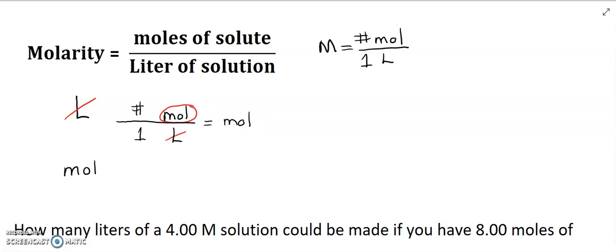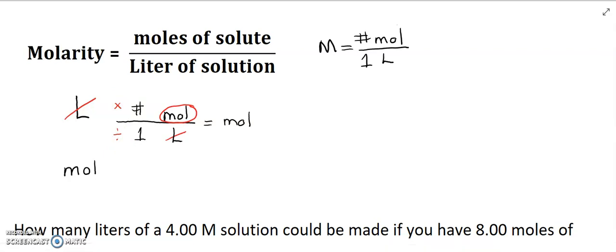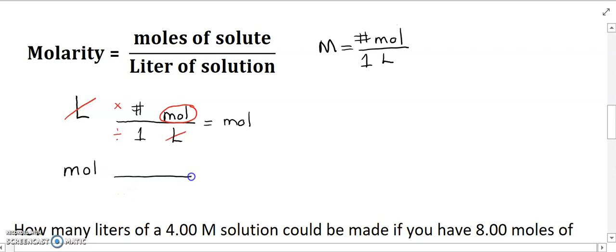Now, with these chemistry calculations, remember anything on top is going to be multiplied by, anything on the bottom is divided by. If I'm given moles and I'm given a molarity, same thing with the setup of my problem. I know that moles would go on the bottom, and that would mean liters would be moved to the top, and I know in 1 liter there is going to be some number of moles, which is given to me as the molarity.